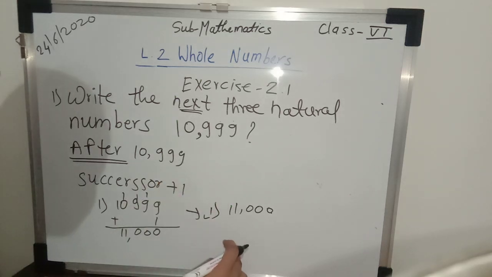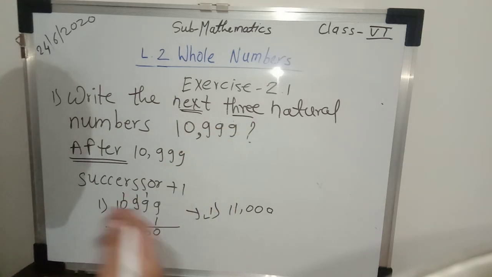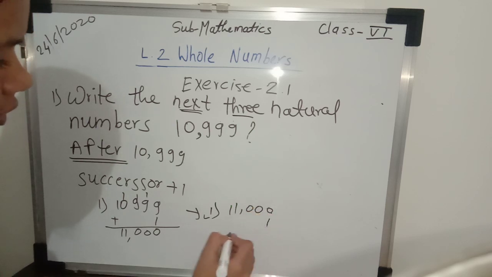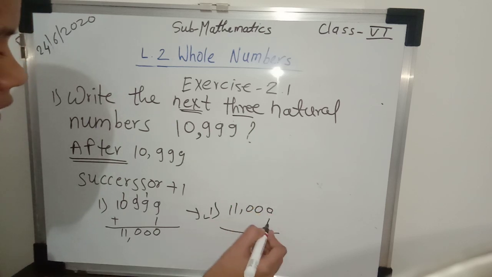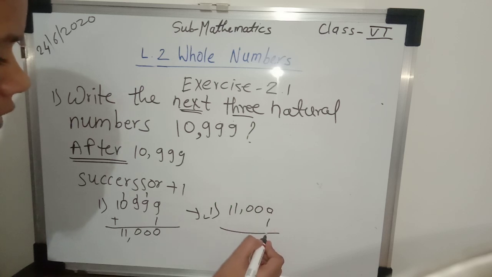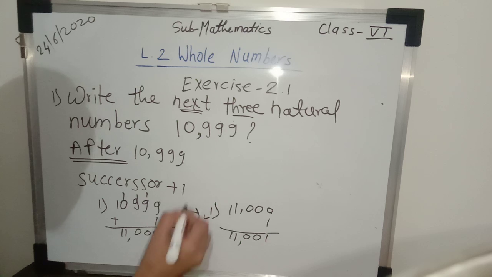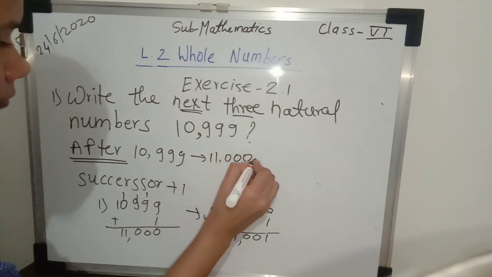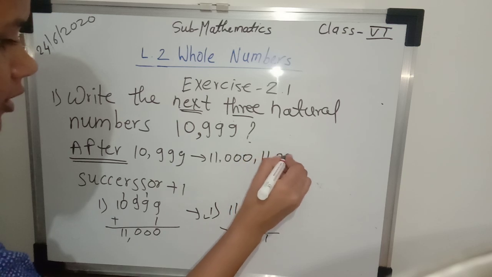Now this is the first number. Again we have to find the 3 next natural numbers, so we add 1 to get the second natural number. 1 plus 0 is 1, so our next number is 11,001.